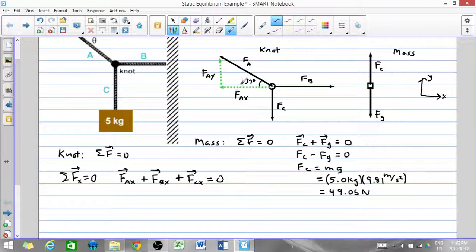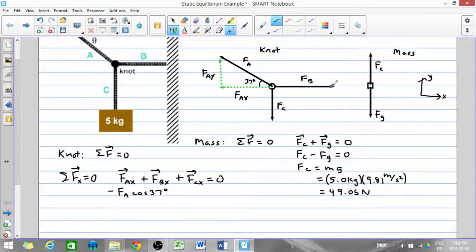So let's start with the x component of force A. It's to the left, so it's going to be negative. And it's going to be the force of A multiplied by the cosine of 37 degrees, because this component is adjacent to the 37-degree angle. So we've got negative FA cosine 37 degrees.